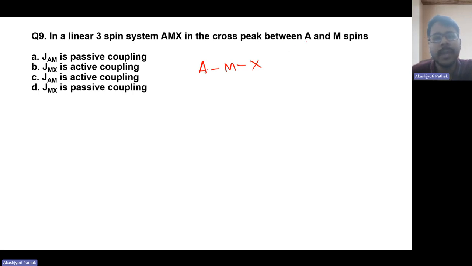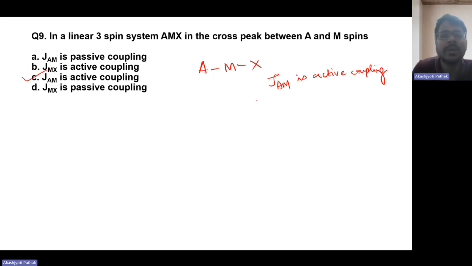Considering the cross peak between A and M spin, JAM is active coupling, right? So that is why option number C is correct.